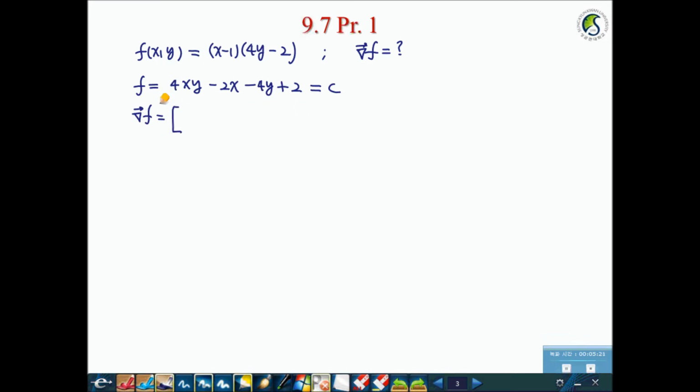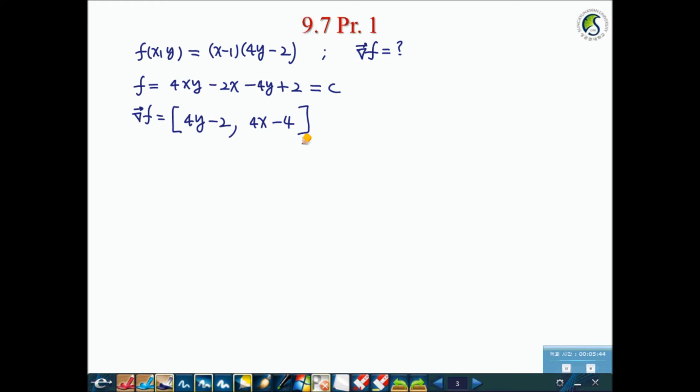Okay? And then del f is partially differentiating this whole term, right? So df over dx is, we have 4y and we have minus 2 and there's no x term, so 0. That's the x component, right? And then df over dy, because it's the y coordinate, is 4x minus 4. Okay?